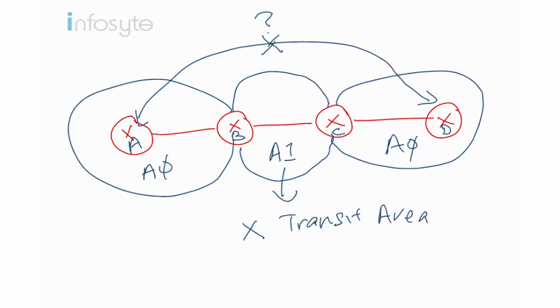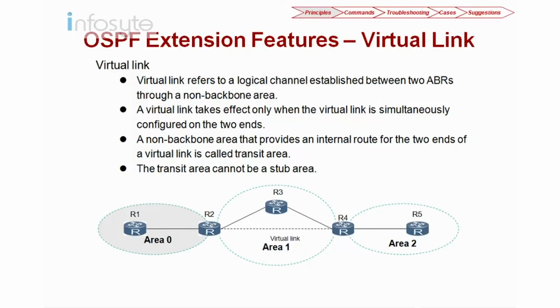So in this case, let's say you want to allow this area 0 and area 0 to talk to each other. Between router B and router C, you need to define the virtual link to allow router A to talk to router D. So this is the virtual link. Remember, a virtual link cannot be a stub area.